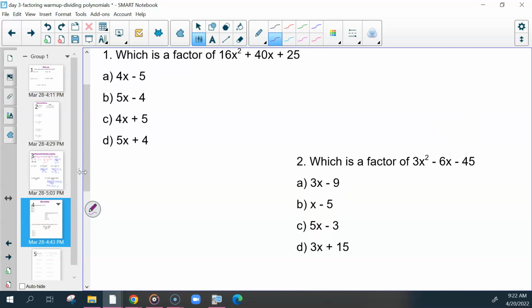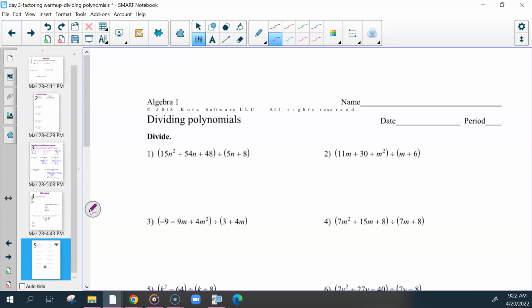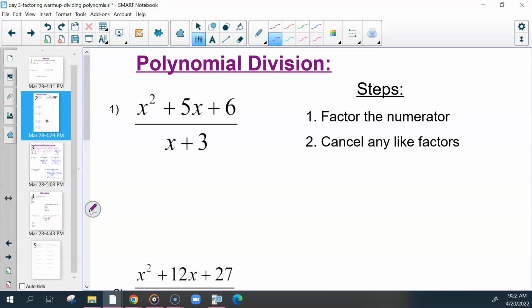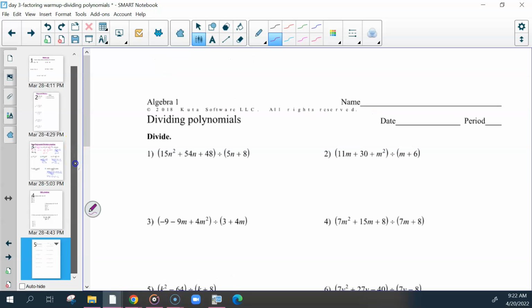We need to divide polynomials by polynomials. Oh, this one. That's not one here. Which number is it? No, what?